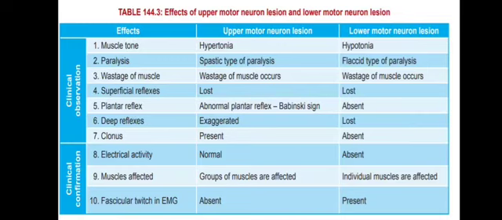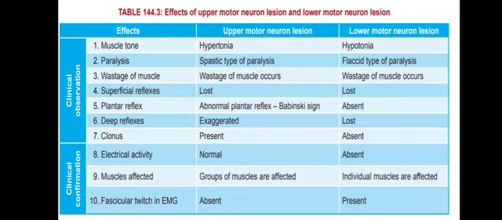Now coming to clinical confirmation, the electrical activity is normal in the UMN lesion. At the same time, it is absent in the LMN lesion. The muscles are affected in groups in the upper motor neuron lesion because the corona radiata forms a bundle, and there are so many nerve fibers involved in the upper motor neurons.